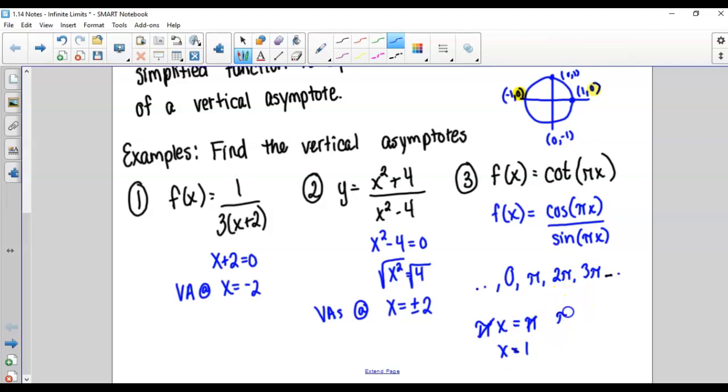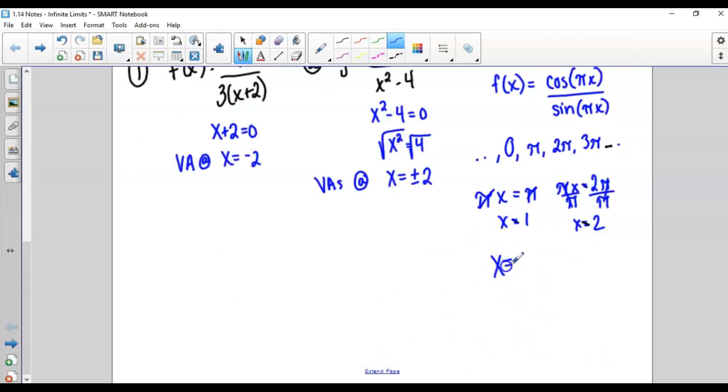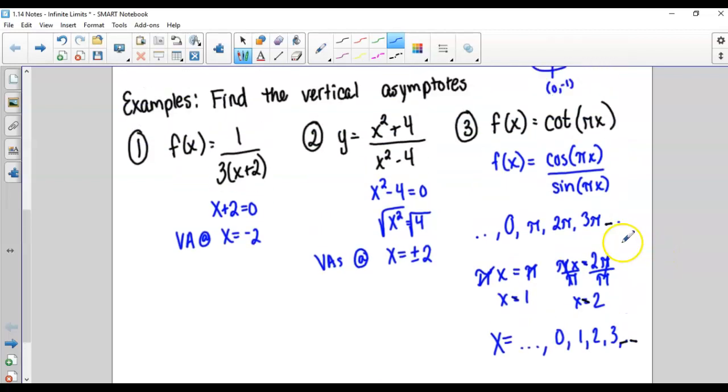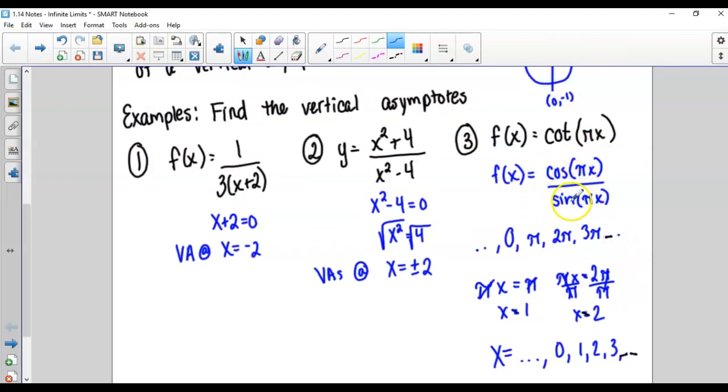Or if pi times x equals 2 pi, then divide both sides by pi, x equals 2. Or you can just kind of think of it, if what you're going to get in here is 0, pi, 2 pi, 3 pi, 4 pi, and the pi is already there, then that tells us that the x values are just going to be 0, 1, 2, 3, and so on. So you're going to have a vertical asymptote at every integer value for that problem.